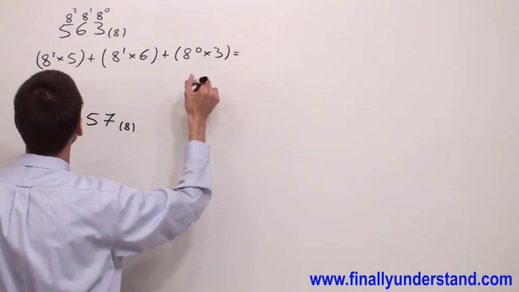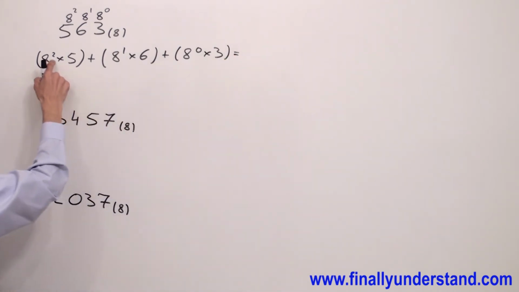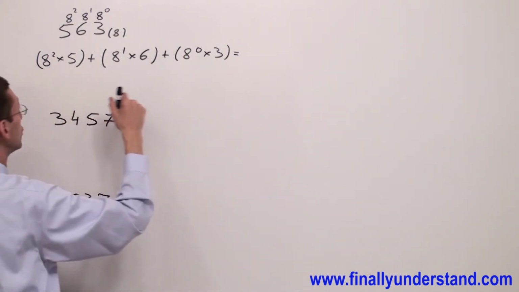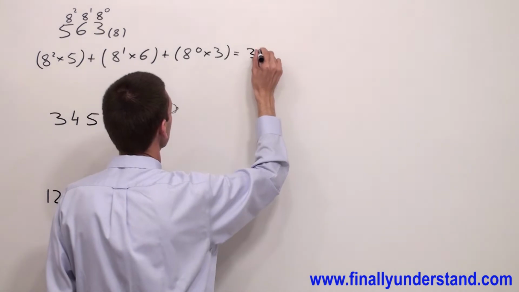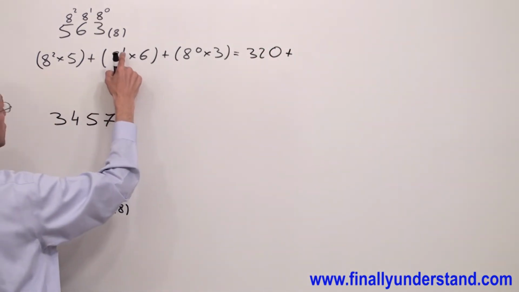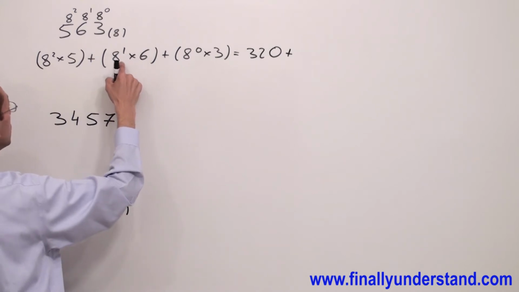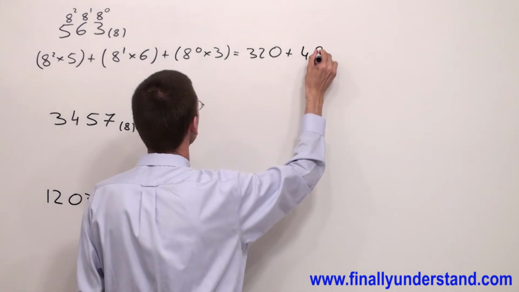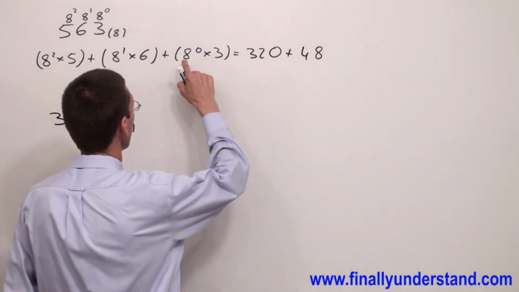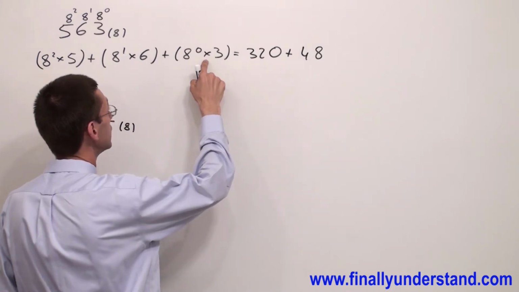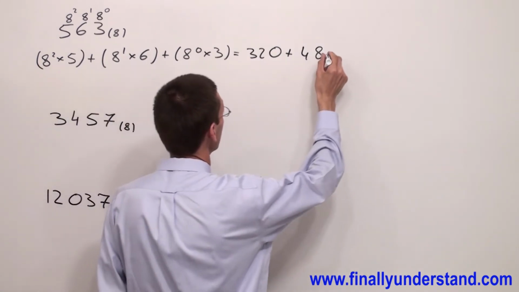This is going to be equal 8 to the second is 64, and 64 times 5 is equal 320, plus 8 to the first is 8, 8 times 6 is equal 48, plus 8 to 0 is equal 1, 1 times 3 is equal 3.